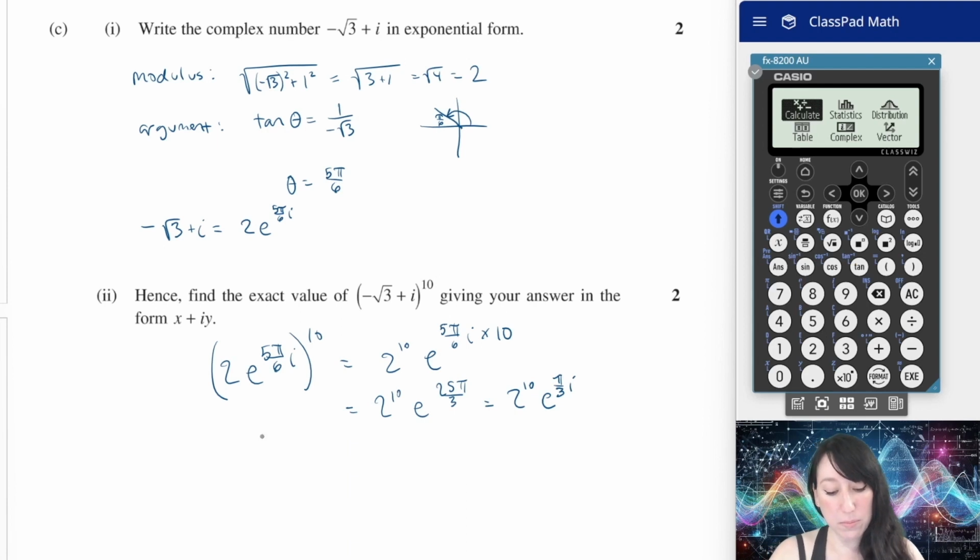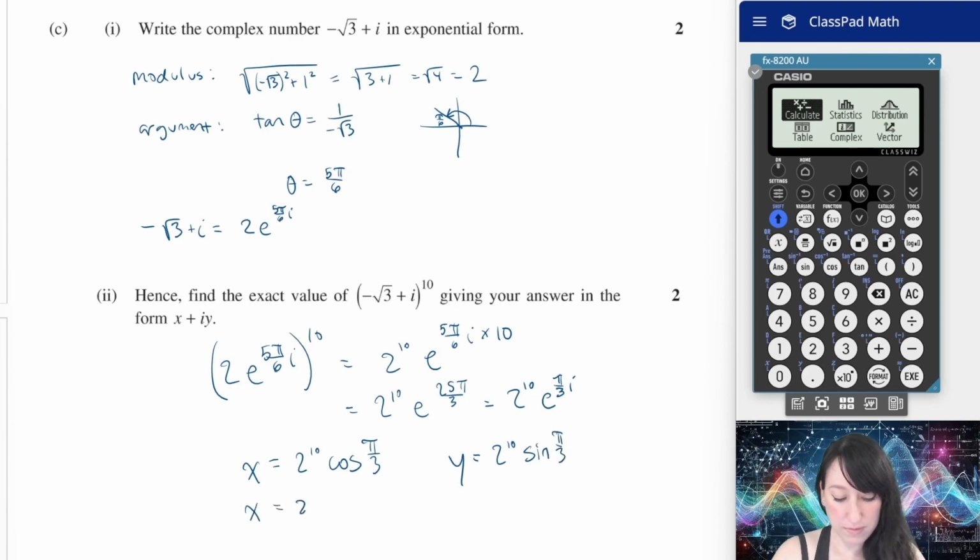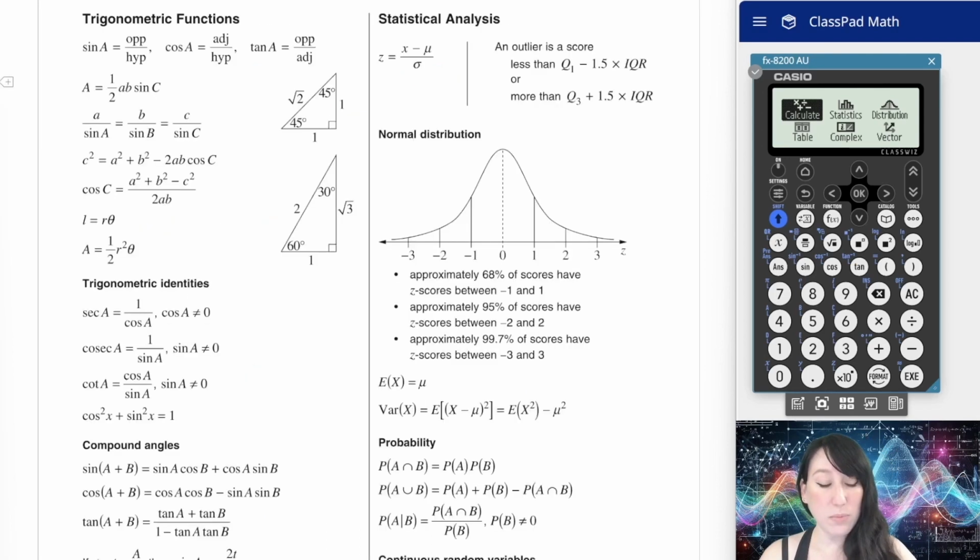Now, the real component would be 2 to the 10 cosine of pi over 3, and the imaginary component, similarly, 2 to the 10 times sine of pi over 3. Now, on our triangles, we can see that cosine of pi over 3, 60 degrees, is a half.